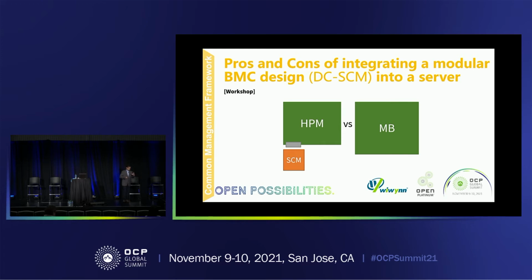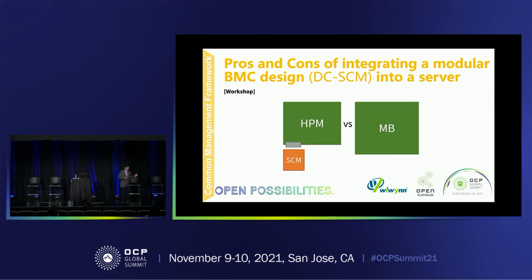And more importantly, taking all the firmware components out of the host processor module into the DC-SCM. What this does is it turns the host processor module into just hardware. There is no firmware to it.